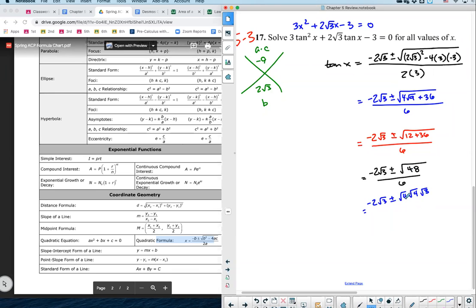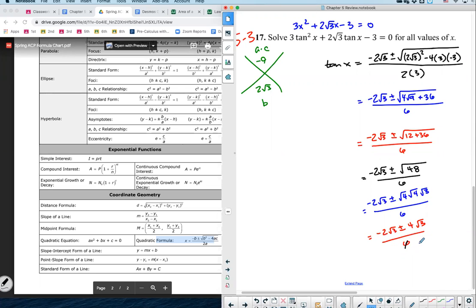So that's the same thing as 4 times 3, 16, 48, that's true. All this over 6. So negative 2 square root of 3 plus or minus, that's 2, that's another 2. 2 times 2 is 4. All this over 3.